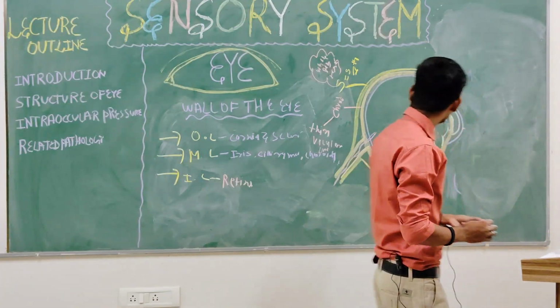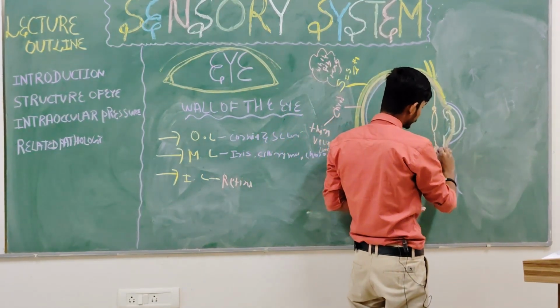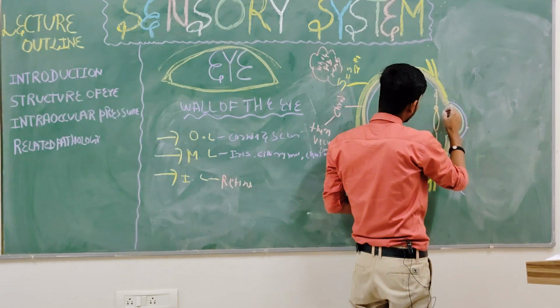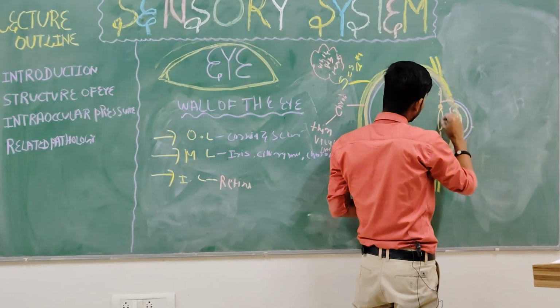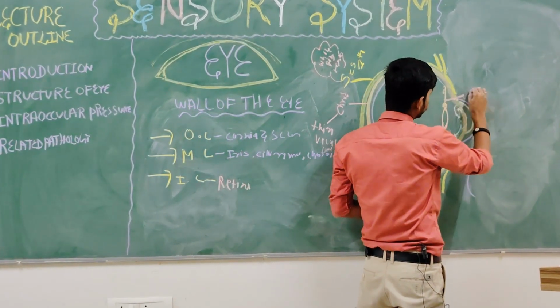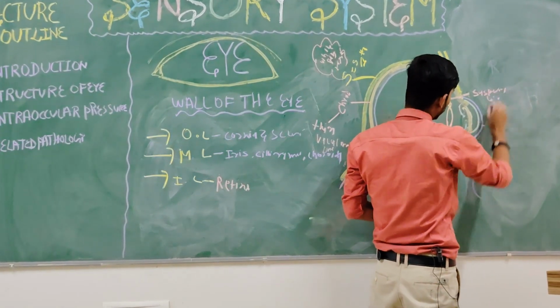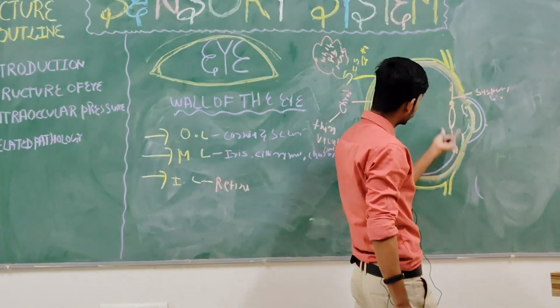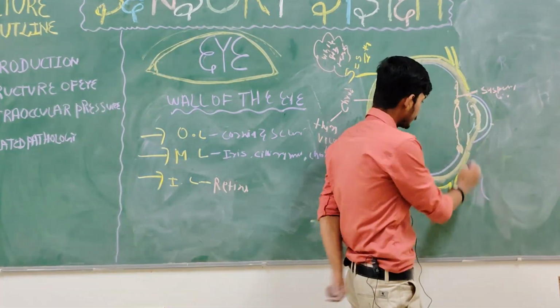Now the second part is the ciliary body. The lens is held by the suspensory ligament, and these are the ciliary muscles.